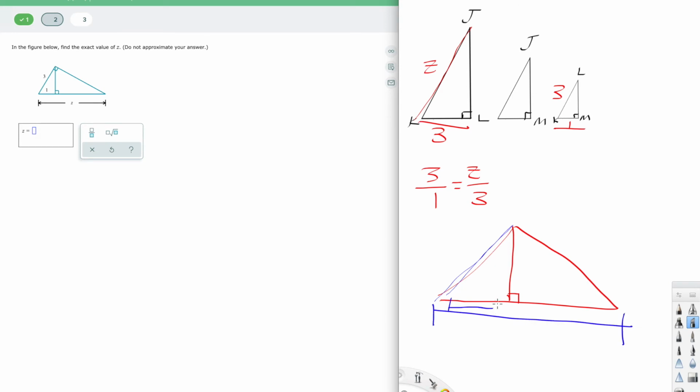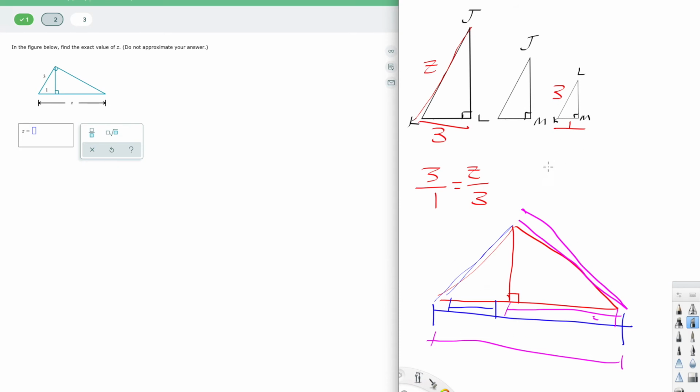Or I could go from this length, and this is going to be the geometric mean between the whole side and the first piece here. So I can actually write these two proportions. These will work. We arrived at this just by looking at the similar triangles, but this works without having to really separate them out.